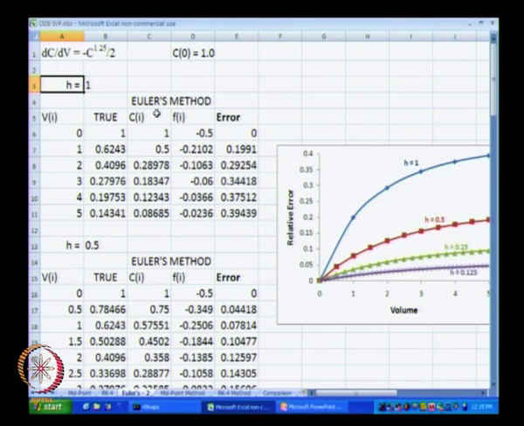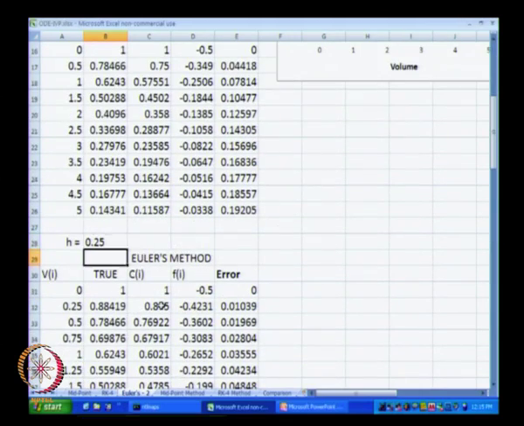This is where we used Euler's explicit method to compute the solution for V equal to 5, given that concentration C0 equal to 1. What we had seen is, as we decrease the value of our step size h, we get more and more accurate results.